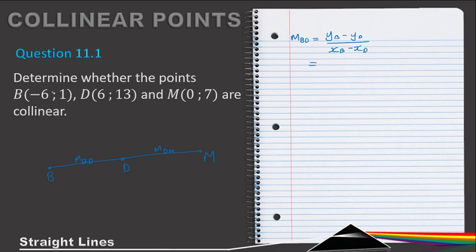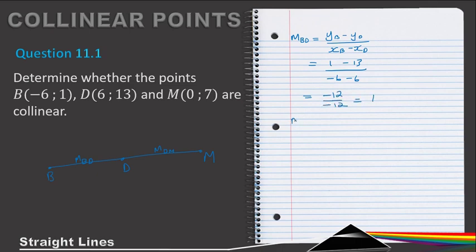So yB, that's 1 minus 13 over change of x, minus 6 minus 6, and then simplify. We have negative 12 over negative 12, and that gives us 1.